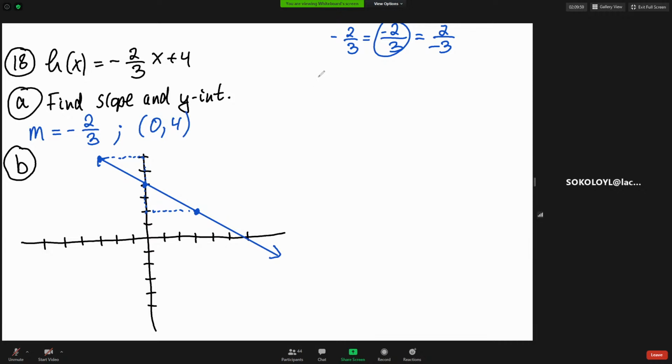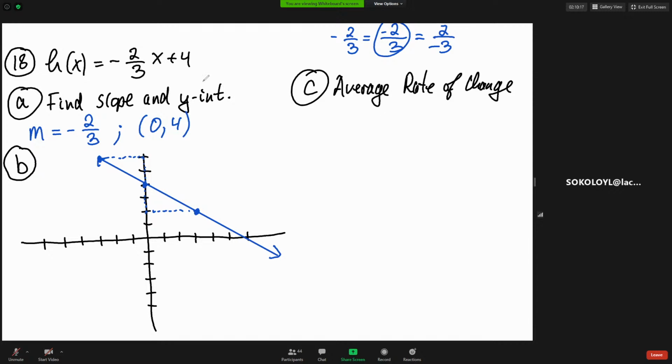Part C here is asking us what is the average rate of change of this function. So what is the average rate of change for this function f?